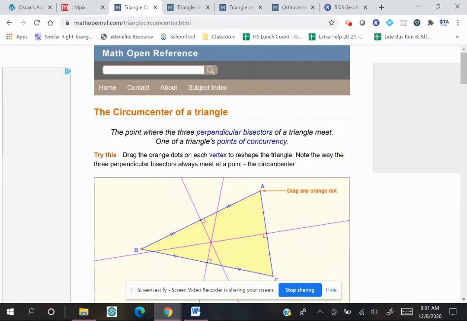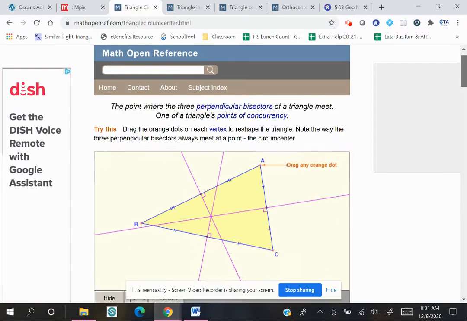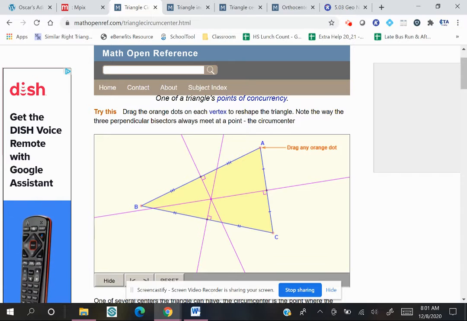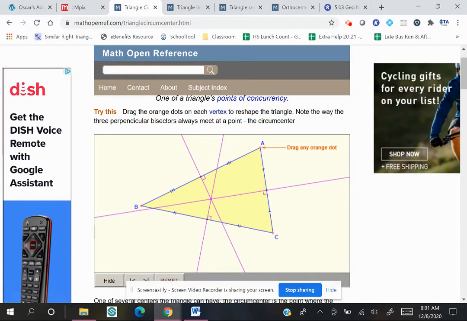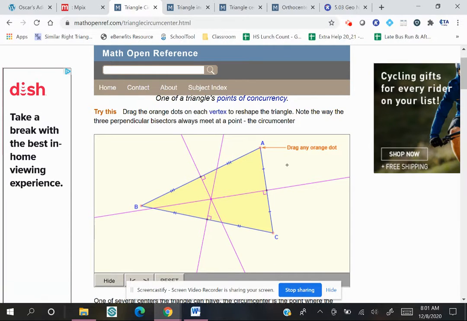And now I'm going to pull up this little applet here. So you've got a triangle here, and I just want you to see what's going to happen.